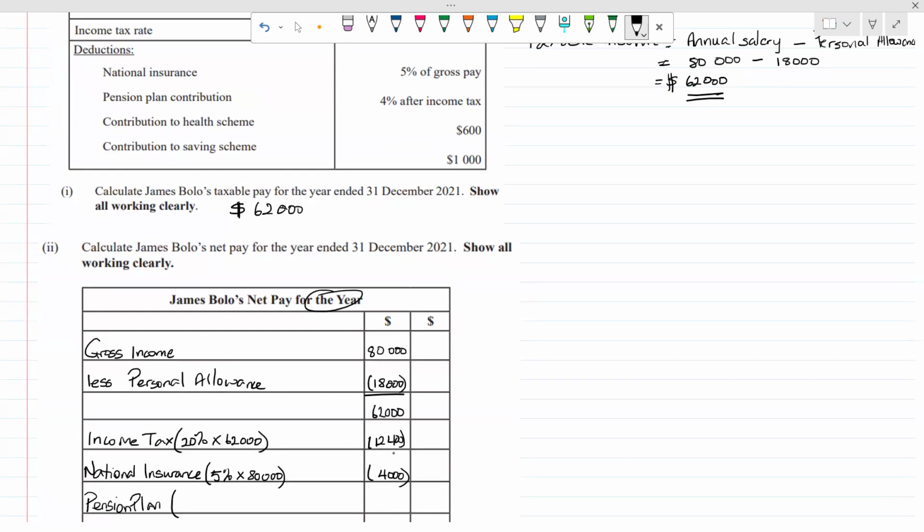The remaining is that minus this personal allowance. $80,000 minus 12,400 is 67,600.